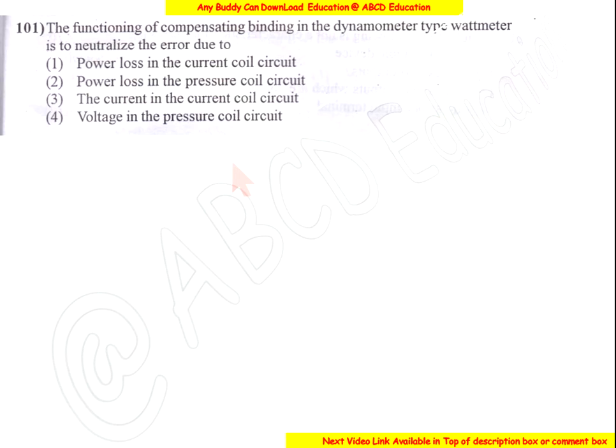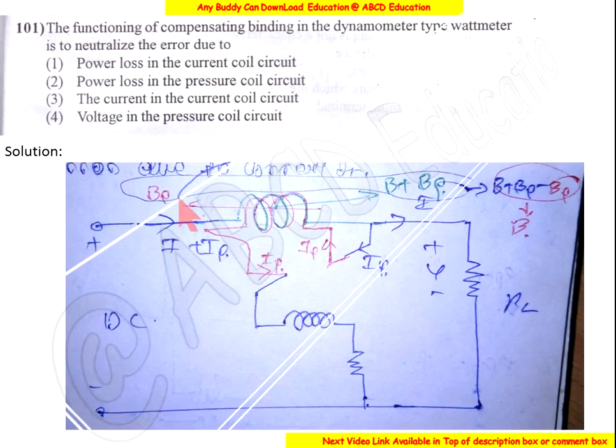Now come to question number 101. The function of the compensating winding in the dynamometer type wattmeter is to neutralize the error due to: power loss in the current coil circuit, power loss in the pressure coil circuit, the current in the current coil circuit, or voltage in the pressure coil circuit. Now come to the solution. In the current coil, the total current is flowing, that is I plus IP, where IP is the potential coil current.